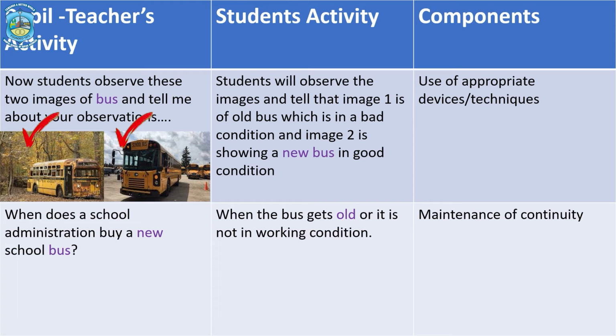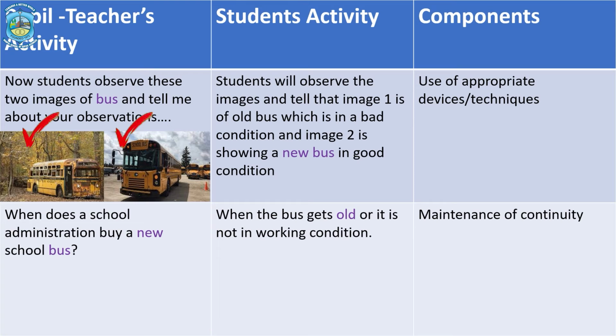And they can even further say that the old bus is in a bad condition and a new bus is in a good condition. So, now you can see which component is used over here. It is use of appropriate devices or techniques. So, here we have used some audio-visual aids to grab the attention of the students.